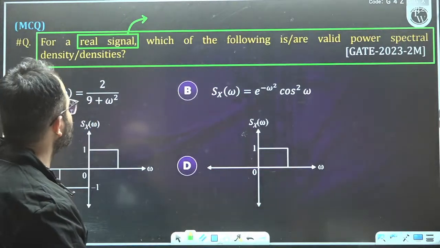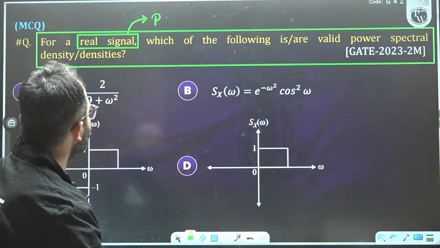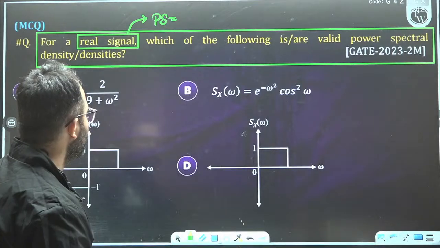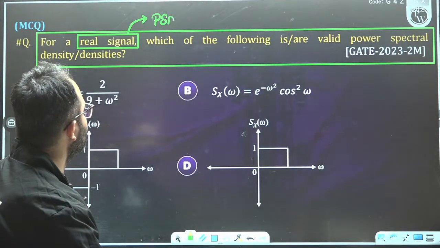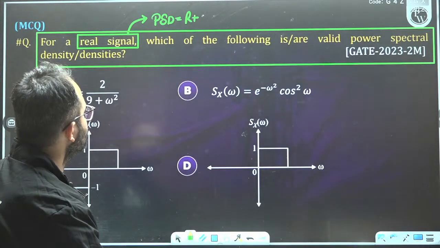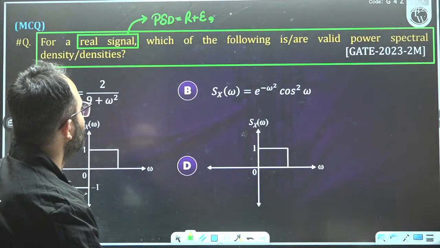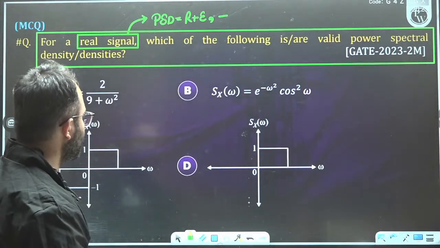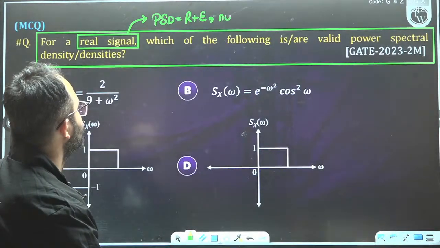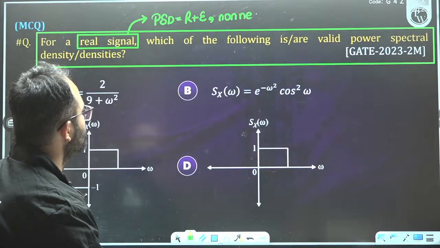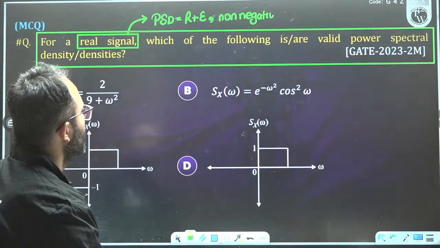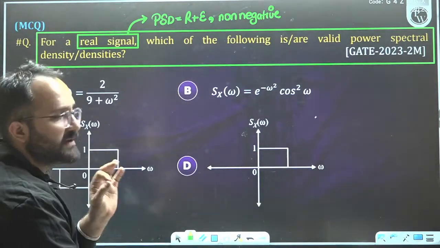For a real signal, the power spectral density should be real and even, and it should be non-negative. Means power spectral density can never go negative.